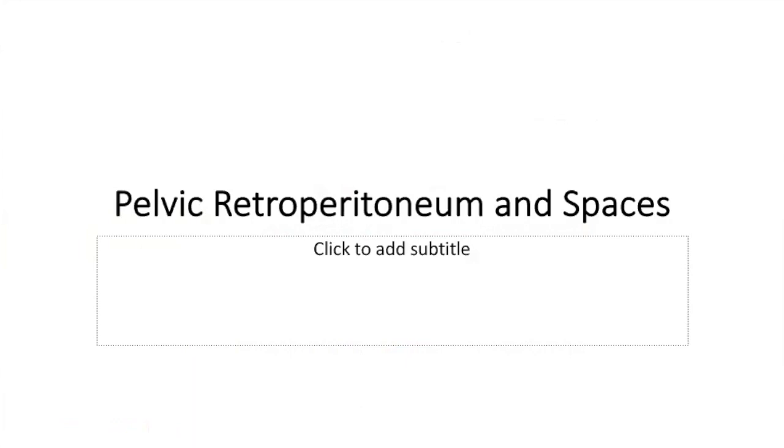We will now talk about the pelvic retroperitoneum and pelvic retroperitoneal spaces. Critical to performing the radical abdominal hysterectomy is a clear understanding of the pelvic retroperitoneum, the structures that make it up, their anatomy, and how to access them.